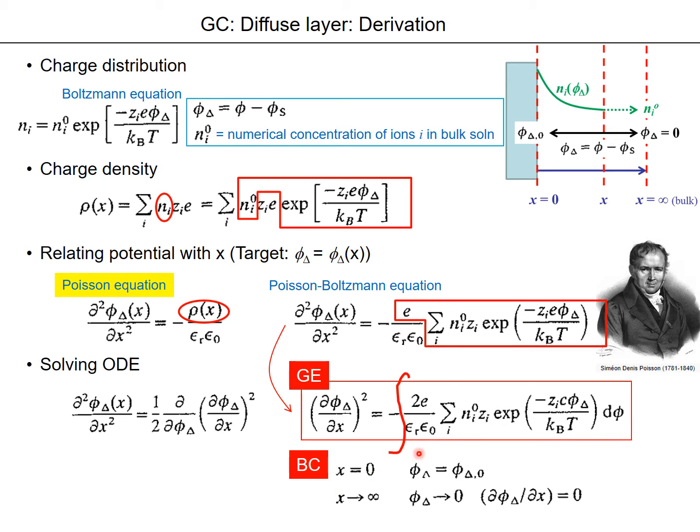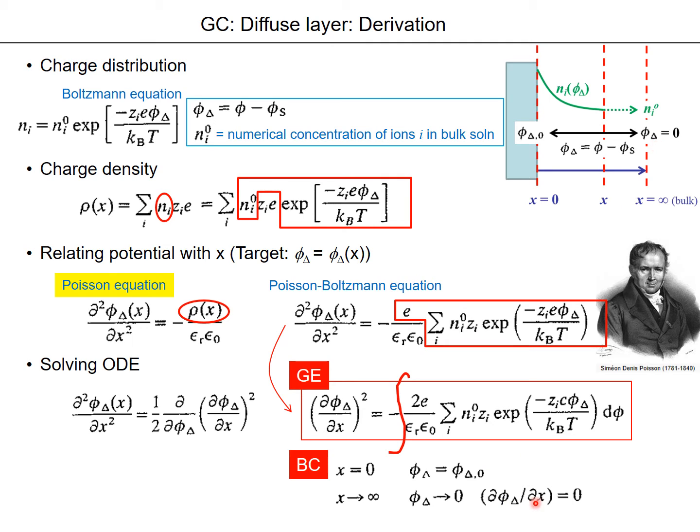From the picture, we could obtain some boundary conditions. At x equal to 0 on the surface, the potential is phi delta 0, or your applied potential minus the solution potential. At x going to infinity, or when you go into the bulk electrolyte, phi delta should be 0 because the potential is the solution potential.